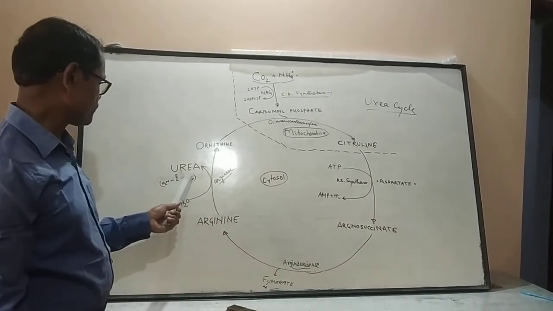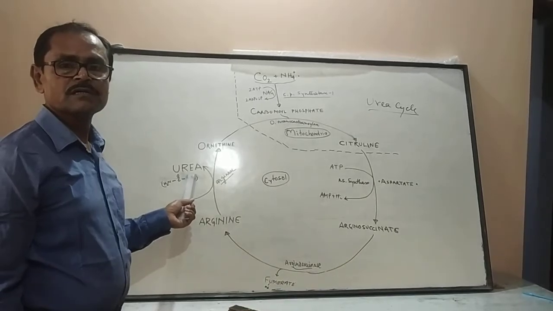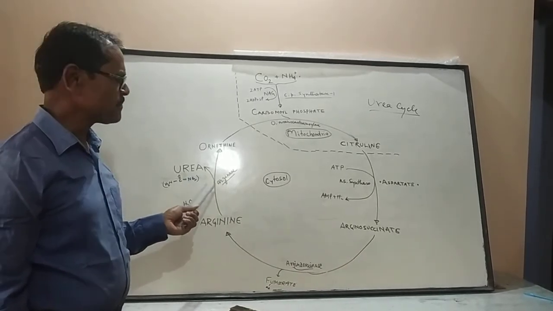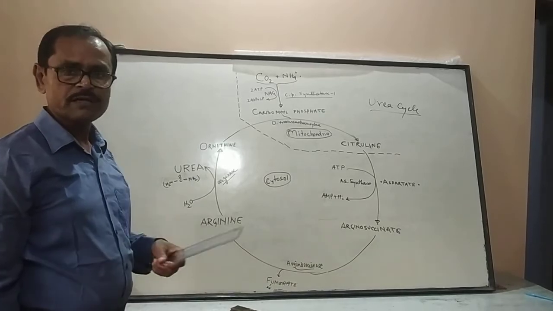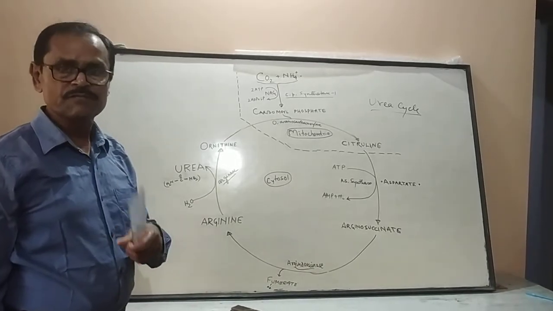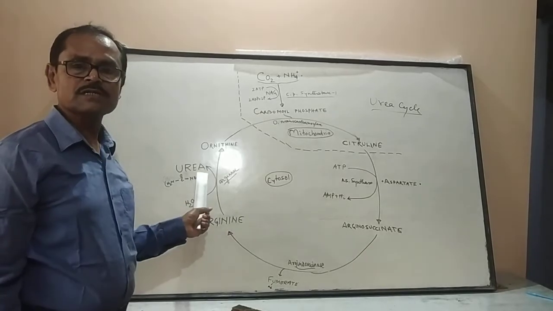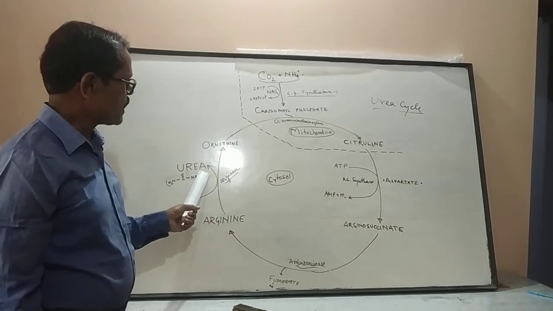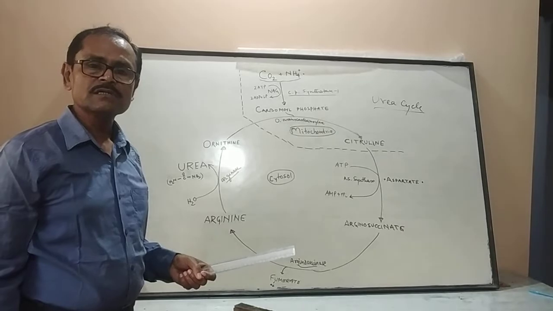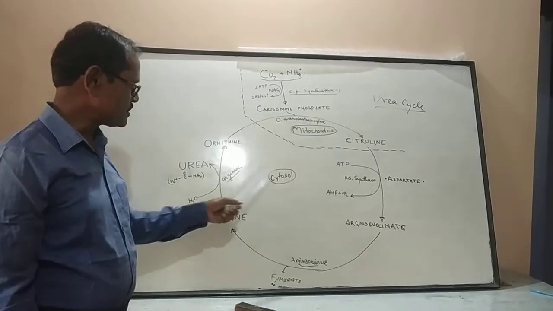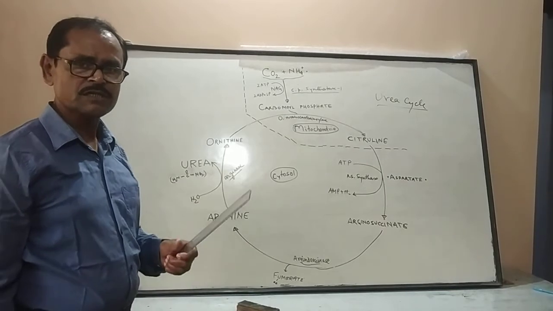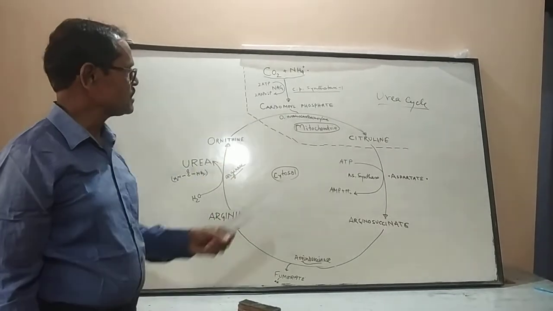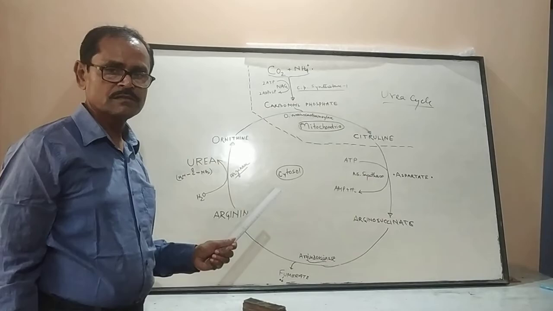So that toxic matter should be eliminated in urine. Where does the formation of urea take place? Liver. Very good. It takes place in the liver, and after that it passes into the kidney and is excreted in urine. Understand? This is about the urea cycle. Okay? Thank you.